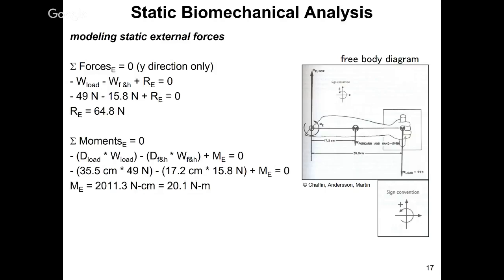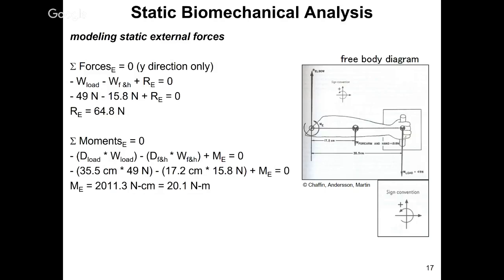Well, you'll find out. But anyway, the center of mass from the middle of the elbow, if you look at the hand and the forearm together, they're saying it's right here. 17.2 centimeters. So that's the distance we would use for the forearm and hand, and the distance we would use for the dumbbell is this full length.